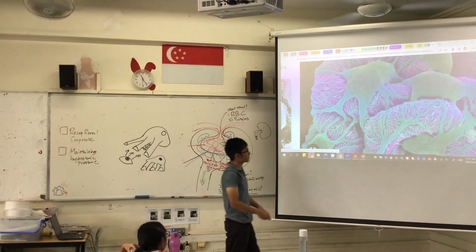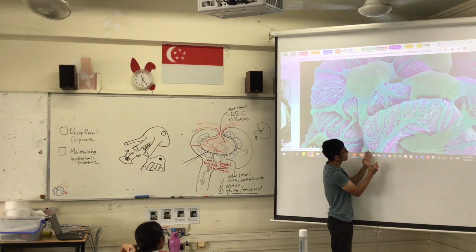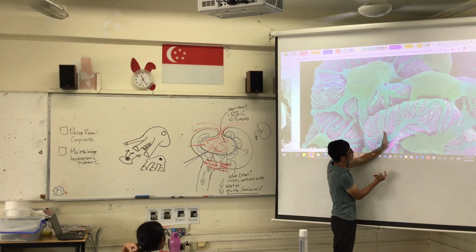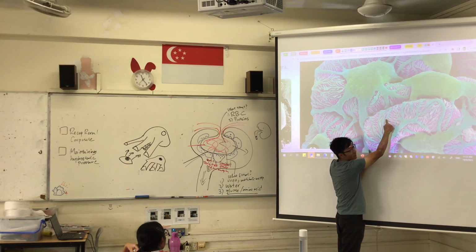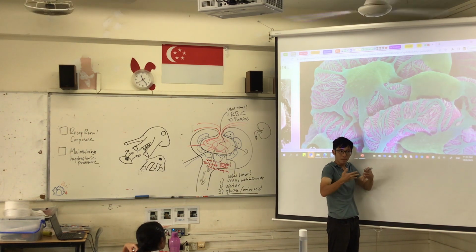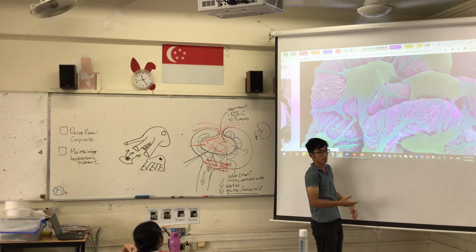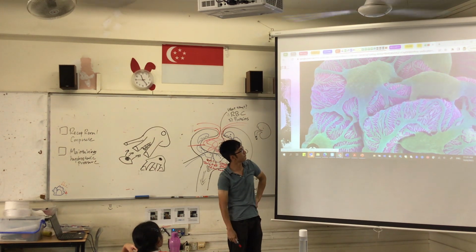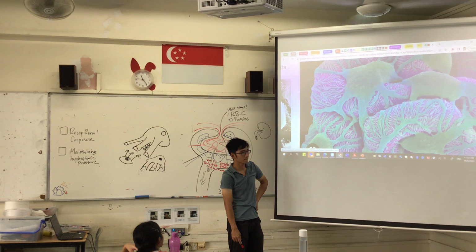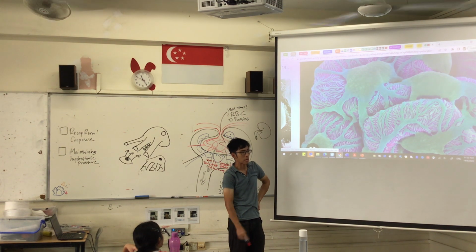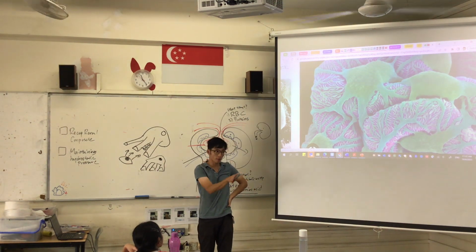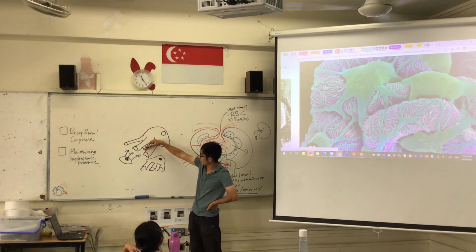Okay, look at the podocytes here. Can you see that from each finger coming out, there are also sub-fingers coming out? So there are many perspectives you can see this, the way the podocytes wrap around the glomerulus. Okay, at our level, we don't need to differentiate whether it is a small one or a big one.